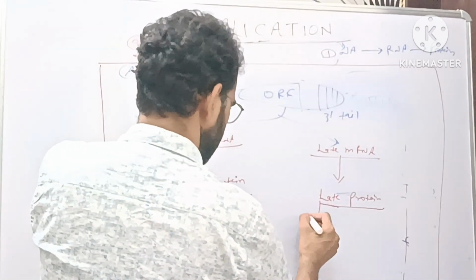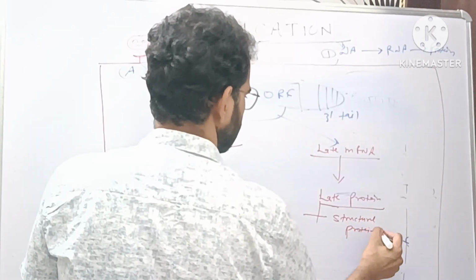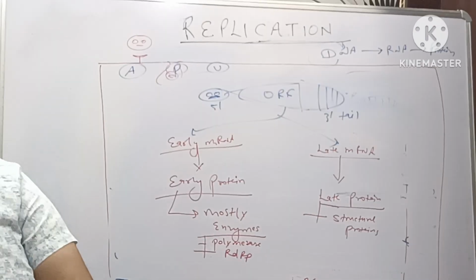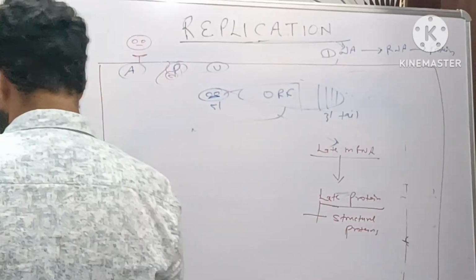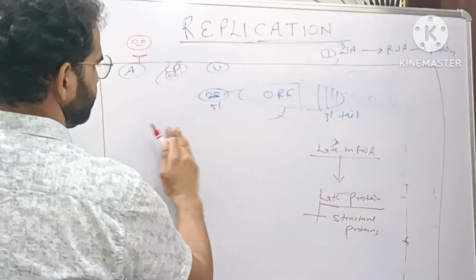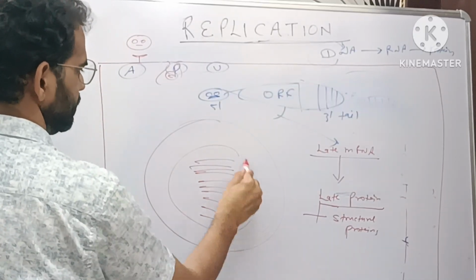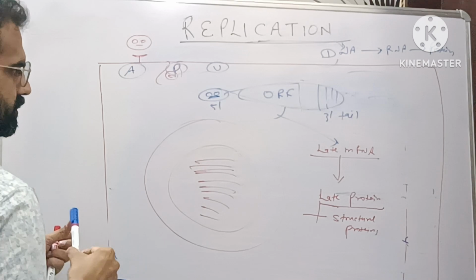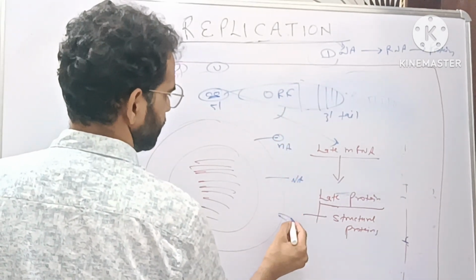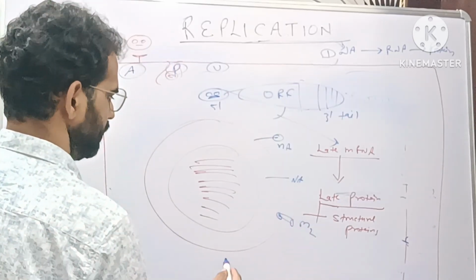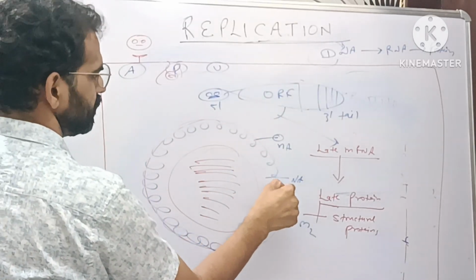Late proteins are mostly structural proteins, meaning capsid proteins. For example, this is the influenza virus, which has 8 segments, and outside it has structural proteins: HA structural protein, then the M2 ion channel, and below the membrane the M1 membrane protein.